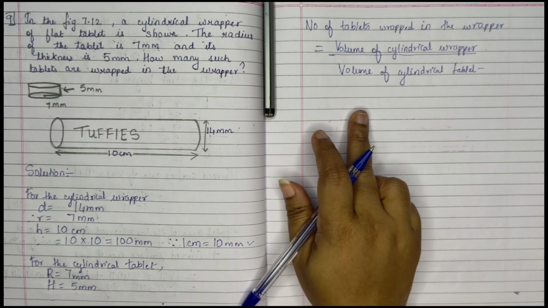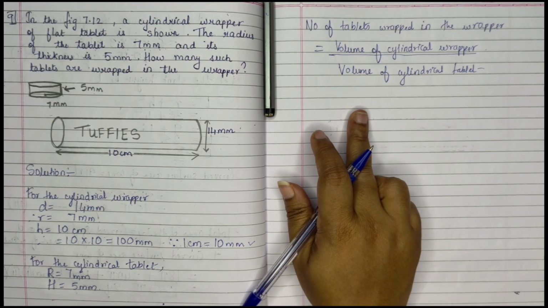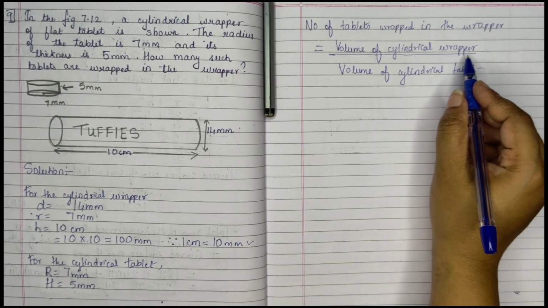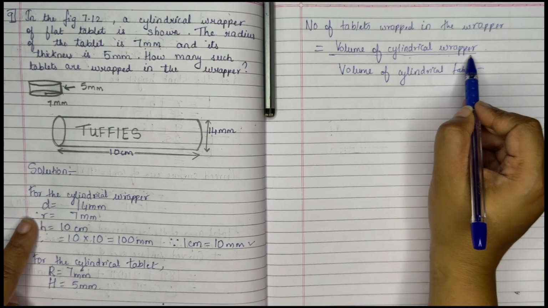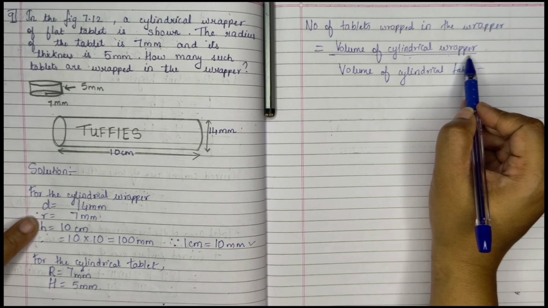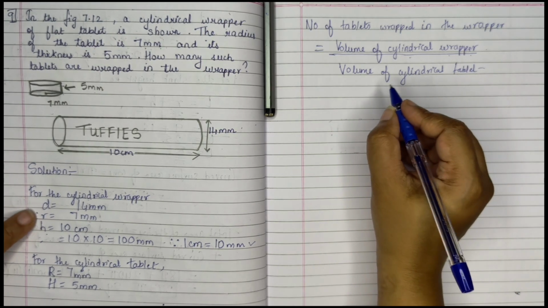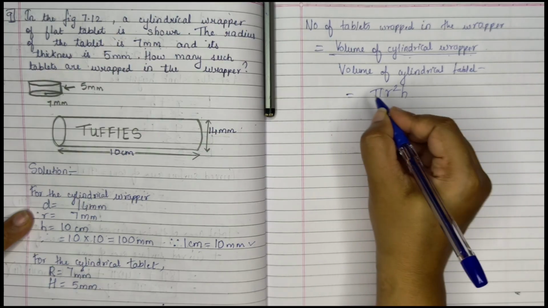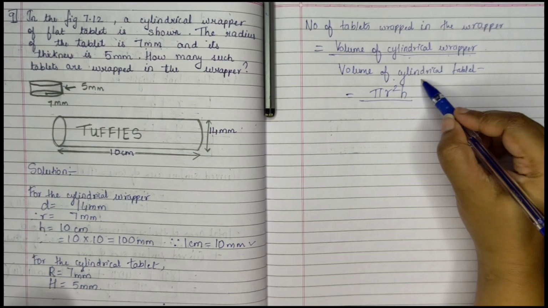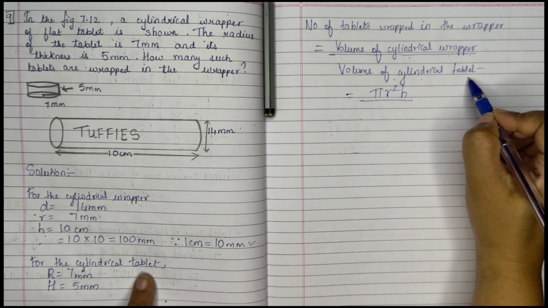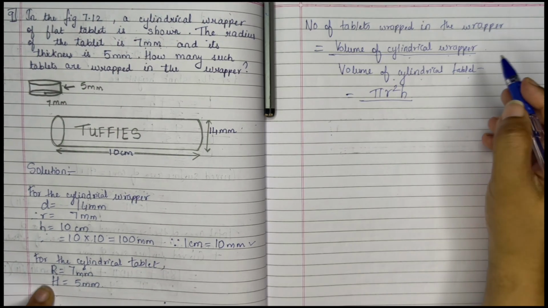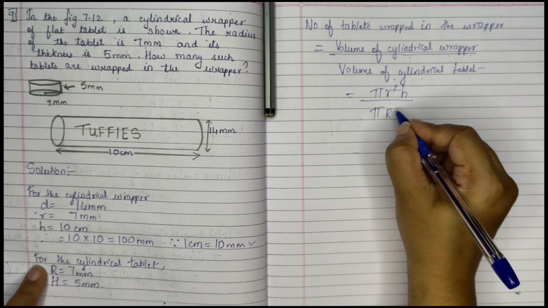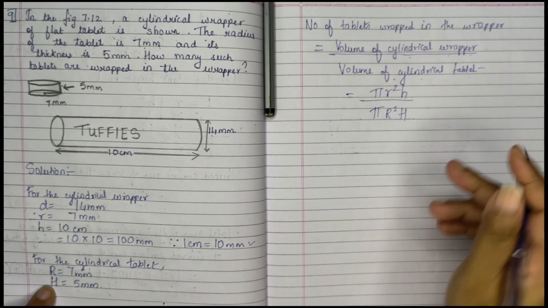Now we know the volume of a cylinder is pi r square h. For the cylindrical wrapper, pi r square h, we have taken small letters, so you can use pi r square h as it is, upon the volume of the cylindrical tablet. For the cylindrical tablet we use capital letters, so again pi, but R capital here, R square, and H also capital.